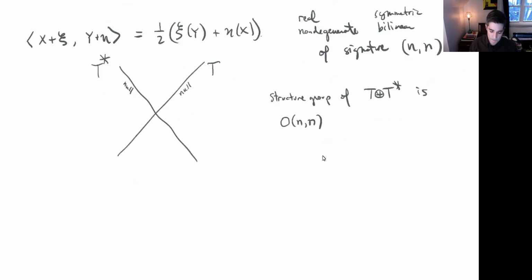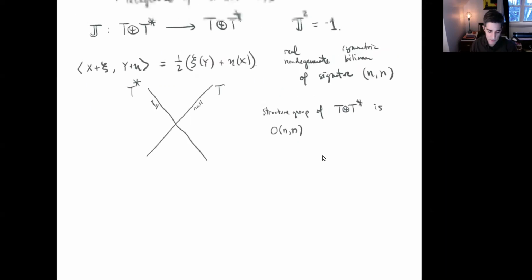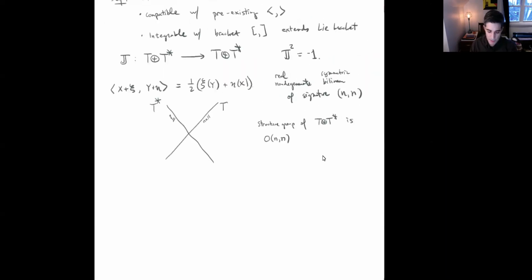So yeah, we'll talk more about this in a moment. But actually, maybe I'll just talk about it now. So it's an aside on T plus T star with its inner product.